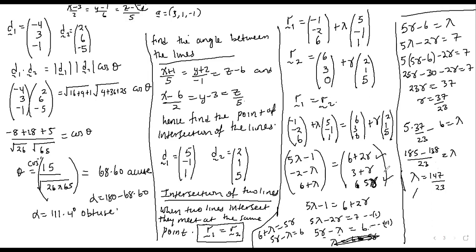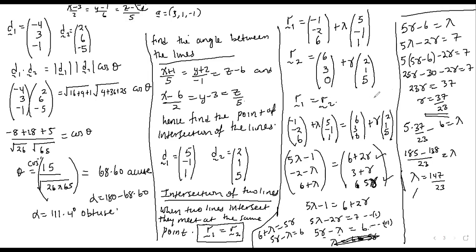Then when you substitute those values back where I ticked, they should give you the same answers on both sides. If they give you the same answers on both sides, they confirm that the lines intersect. But if they just ask for the point of intersection, don't waste much time. Just stop at gamma.